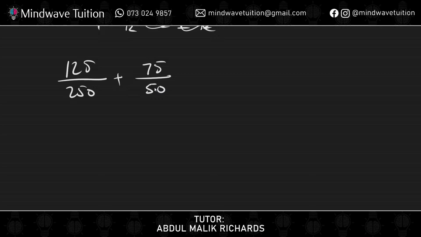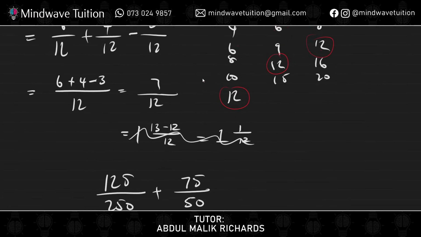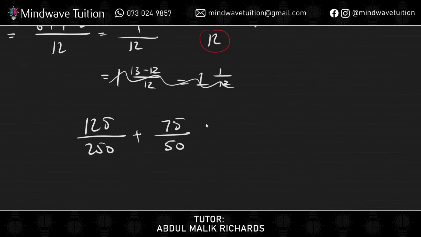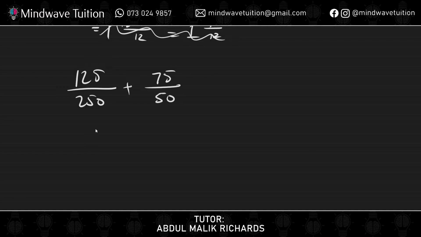So early on when we did equivalent fractions, if you look at these over here, we've been making the numbers bigger. So by multiplying, we can make the fractions look bigger. But we can take big numbers and make them smaller.